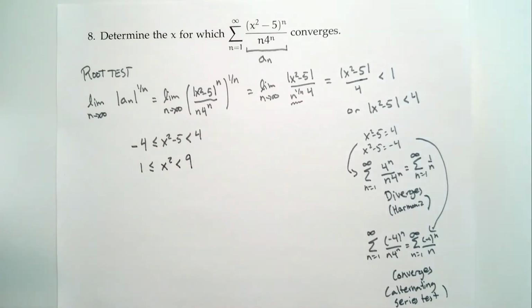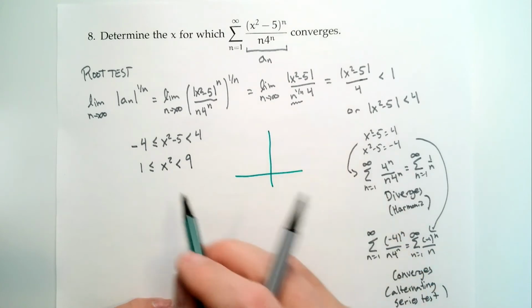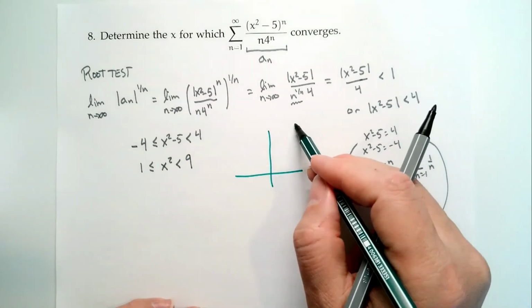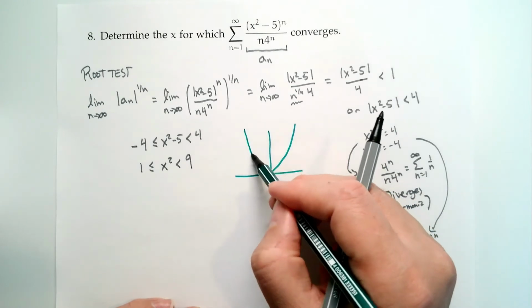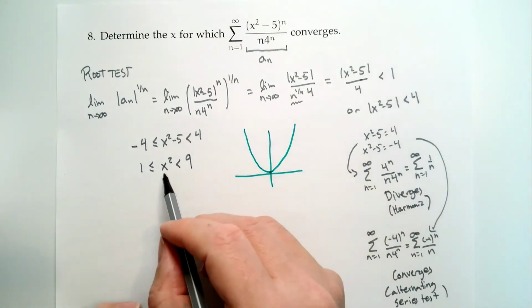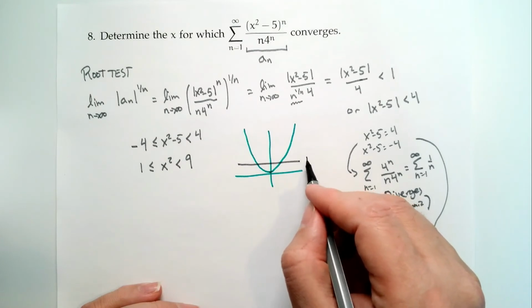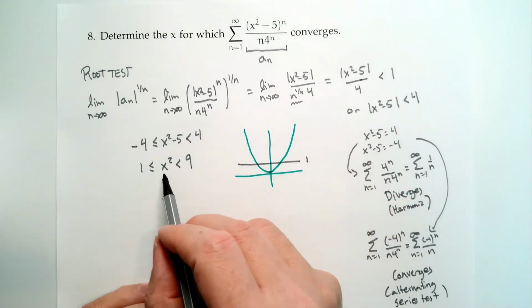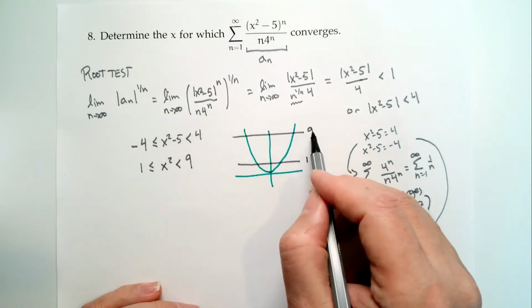Now, let's think about what that means. So if we were to do a quick sketch here, the function x squared, we know what that looks like. It looks like a parabola. And the reason it looks like a parabola is because it's a parabola. So that's a good reason why. So we're asking, when is x squared between 1 (let's say here this is 1) and 9? Let's say this is at 9.